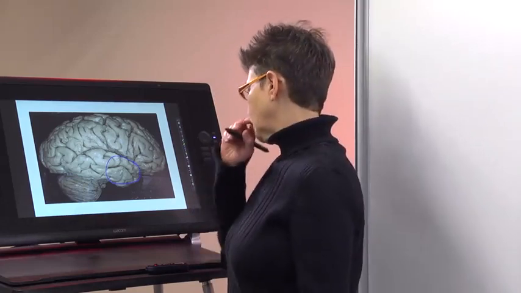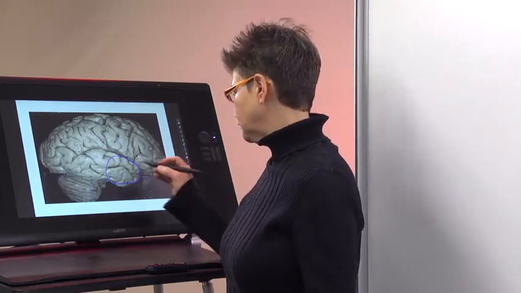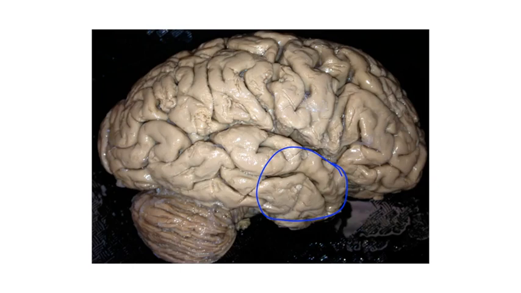And William Scoville was a neurosurgeon in Hartford where HM lived, and he took out this anterior, this front part of the temporal lobe. But he took it out on both sides.